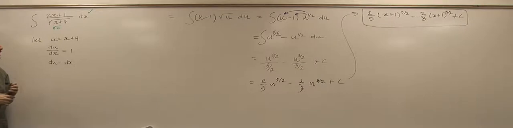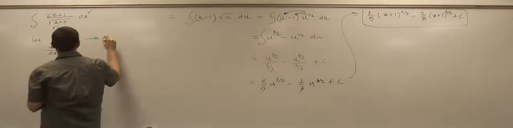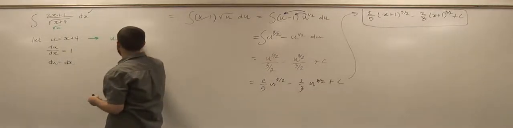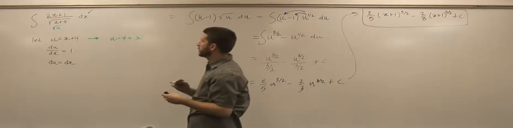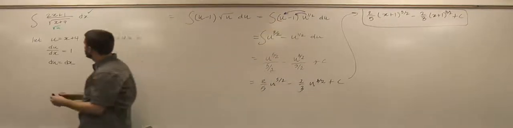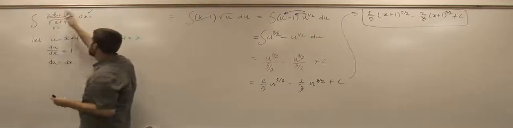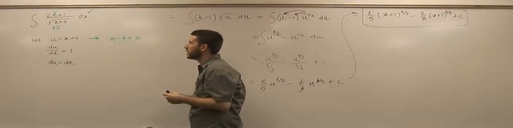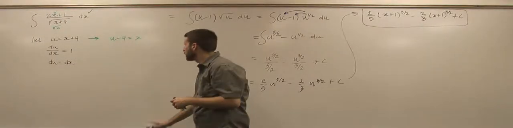So what do you think we can do with that? Solve for x again. Yeah, x is equal to what? u minus 4. So then I can plug in for x here, and the constants I don't even have to worry about, they'll take care of themselves.